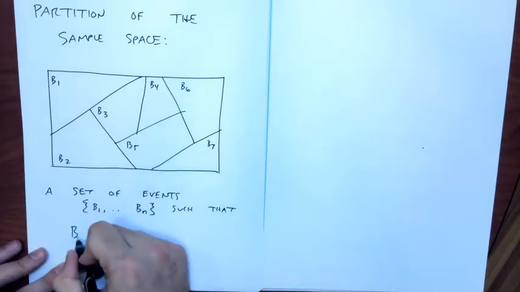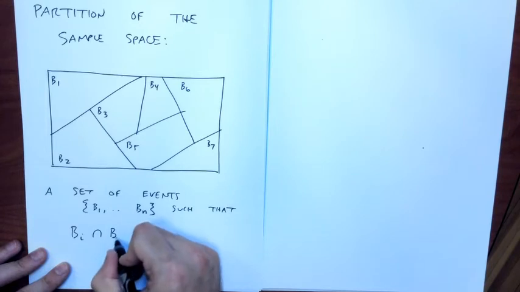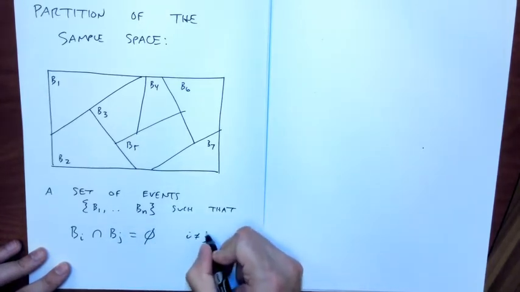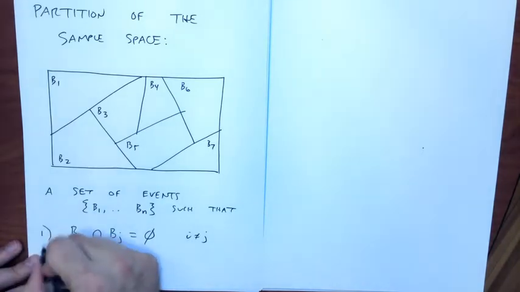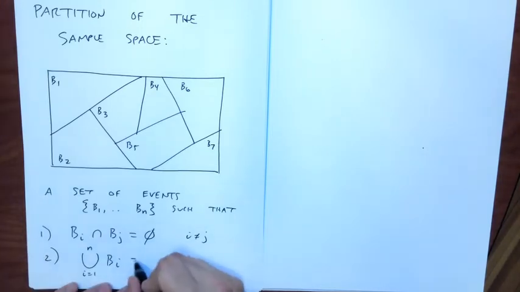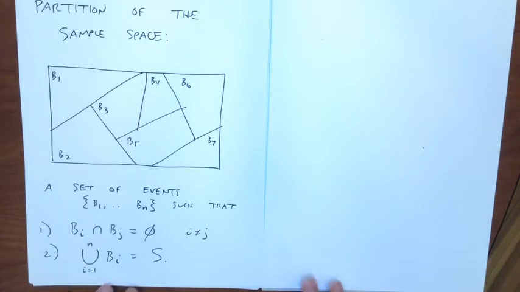the intersection of any two different events is the empty set, and the union of these sets is the whole sample space. Right? And you can recognize that I already threw this at you a little bit in one of the problems on the last homework.